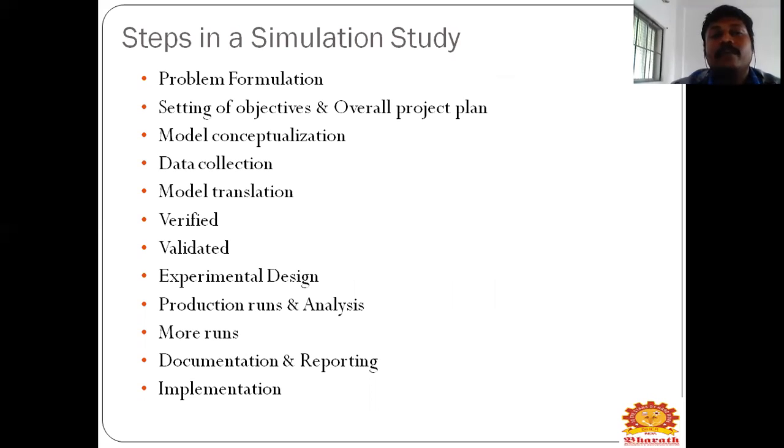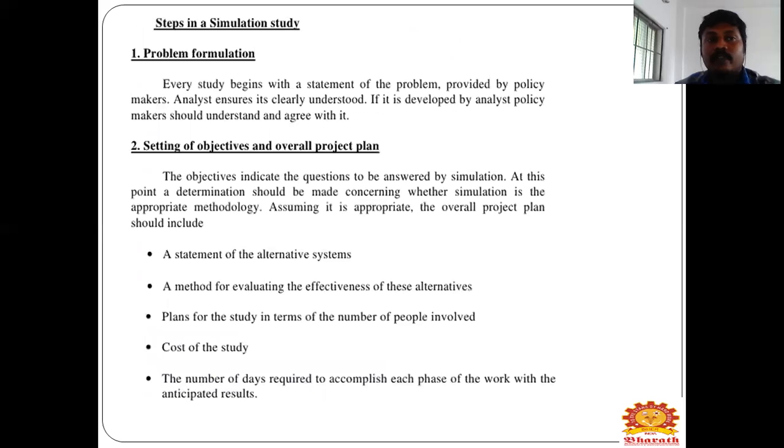First step is problem formulation, then setting of objectives and overall project plan, model conception, data collection, data translation, verification, validation, experimental design, production run and analysis, more runs, documentation and reporting, and implementation. And this is a theoretical representation. We will see what the problem formulation is and what the set of objectives are.